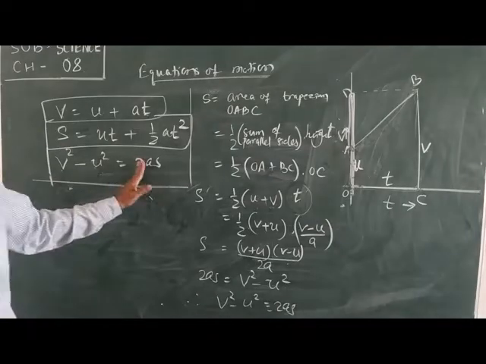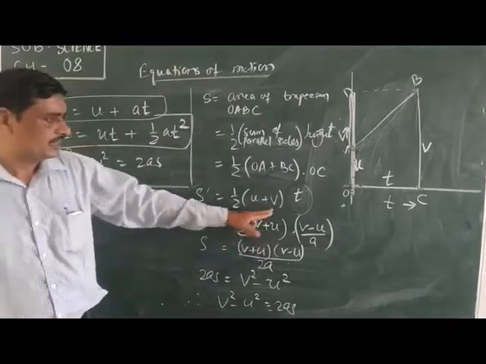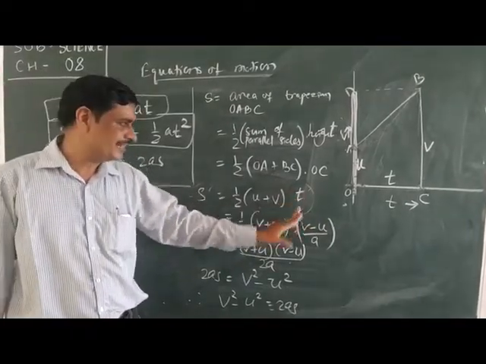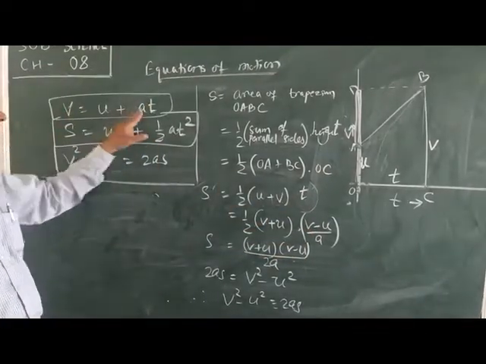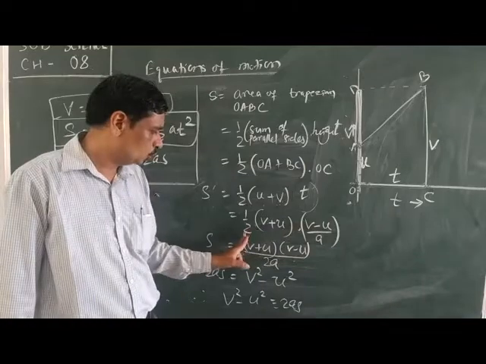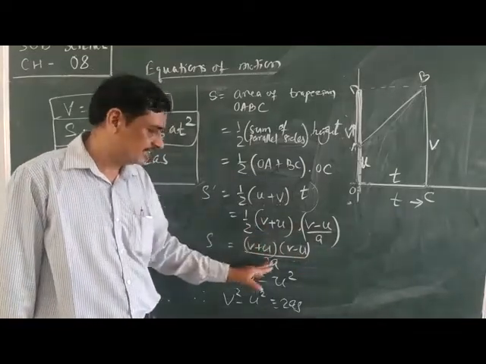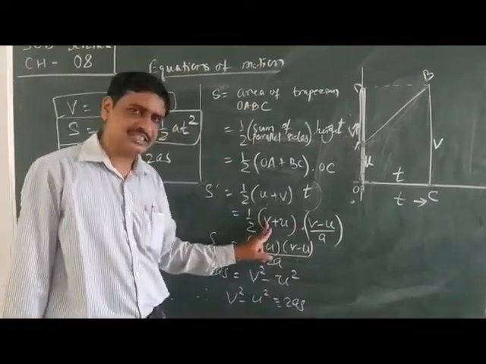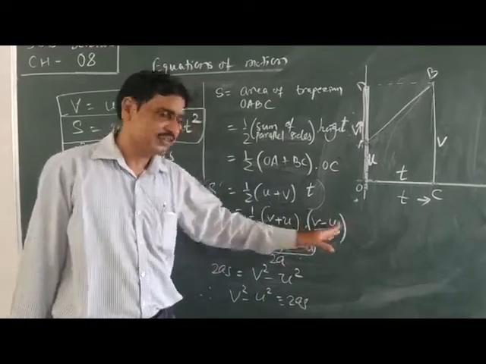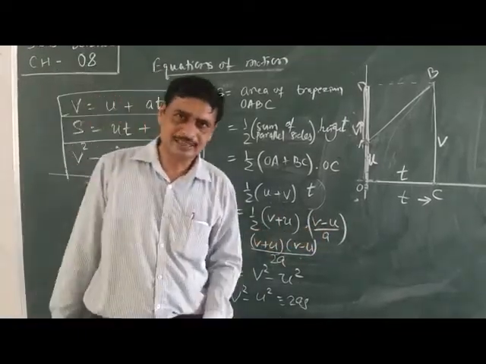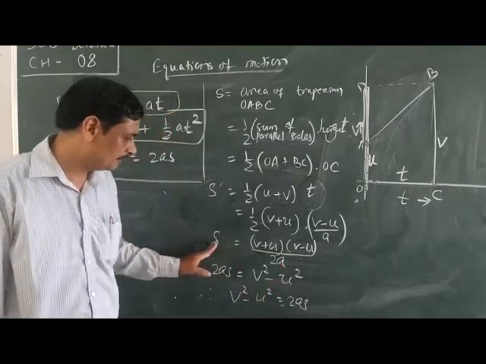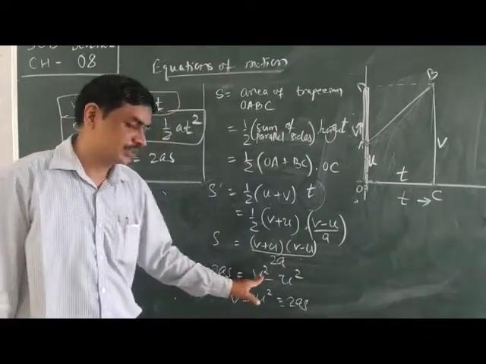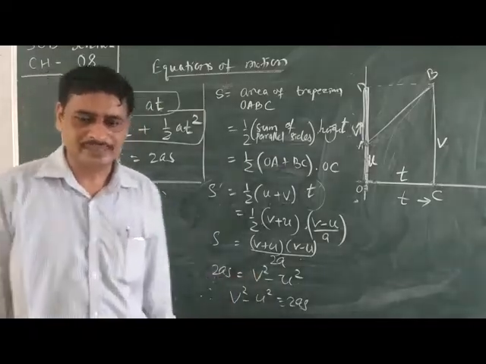Here the value of t is substituted from the first equation, v minus u by a. In the denominator it is 2a, and in the numerator v plus u into v minus u, which is of the form a plus b into a minus b, and the identity gives a square minus b square. 2a multiplied with s becomes 2as. So v square minus u square is equal to 2as. It is derived.